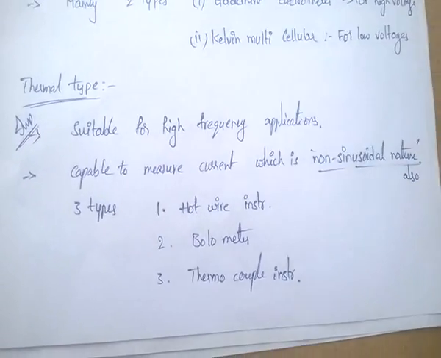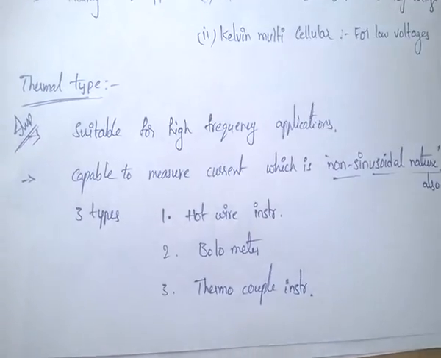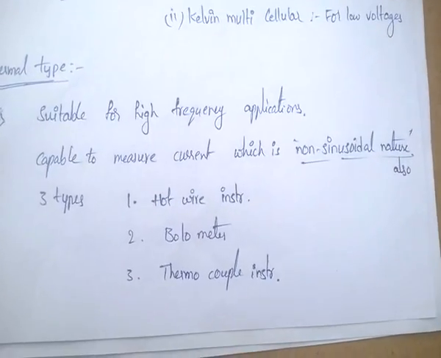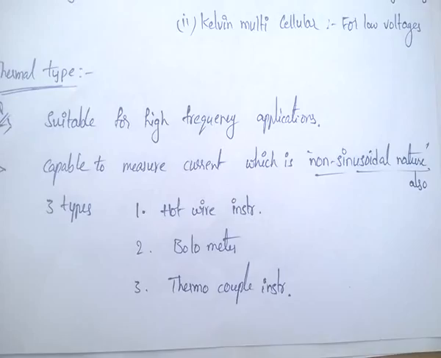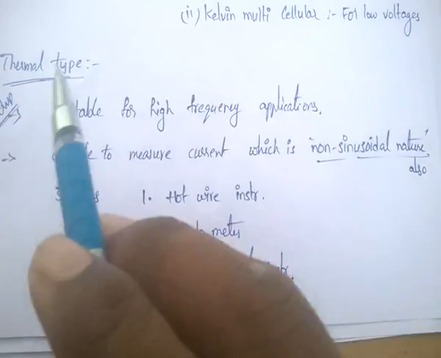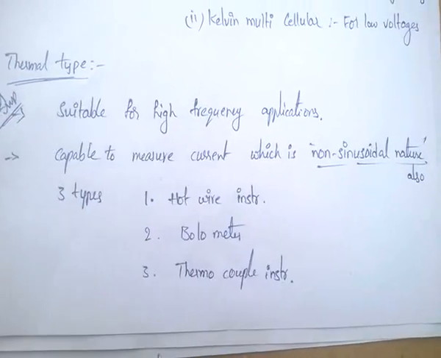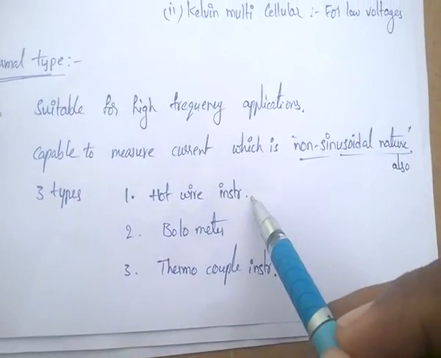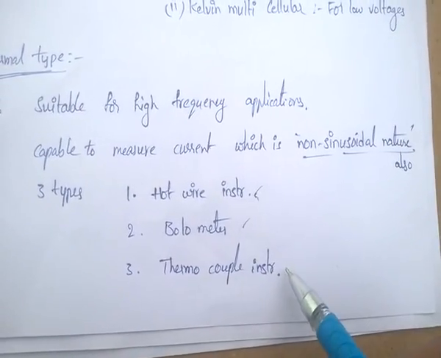That means non-sinusoidal nature can also be measured by these thermal type instruments. These are mainly three types: hot wire instruments, bolometer type, and thermocouple instruments.